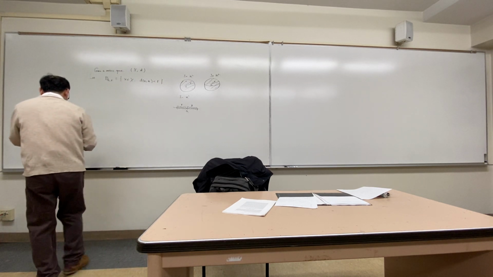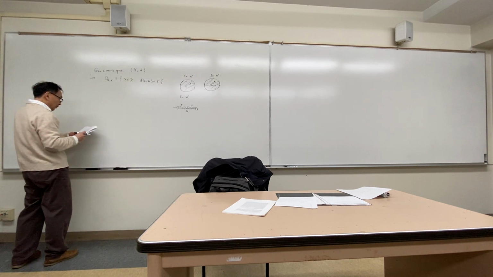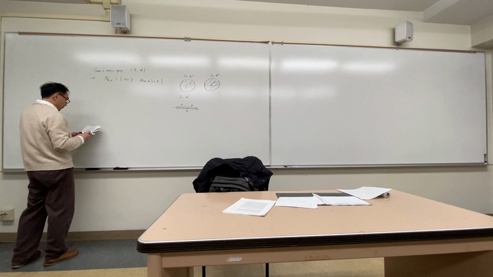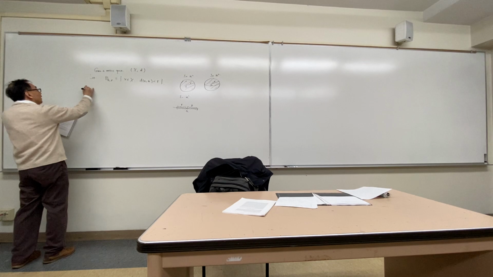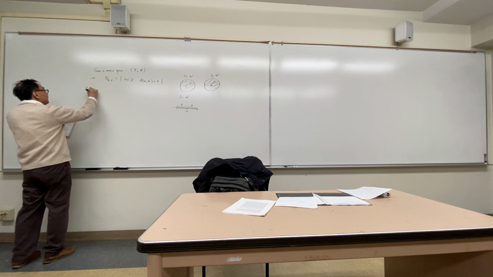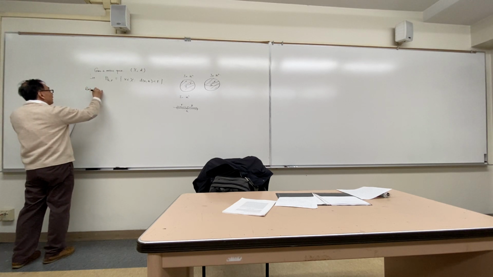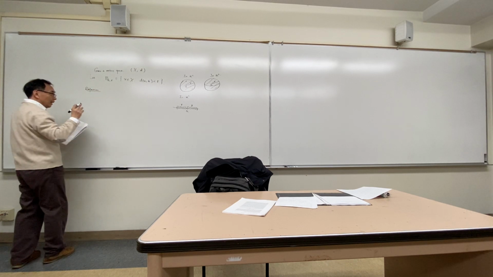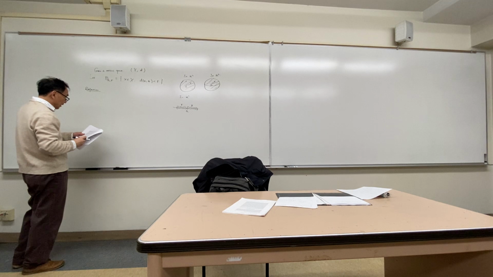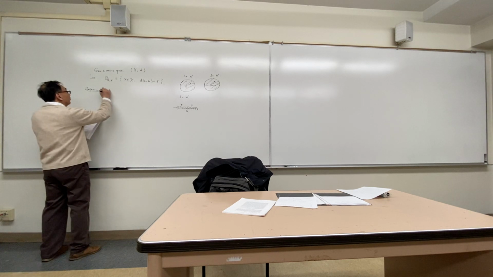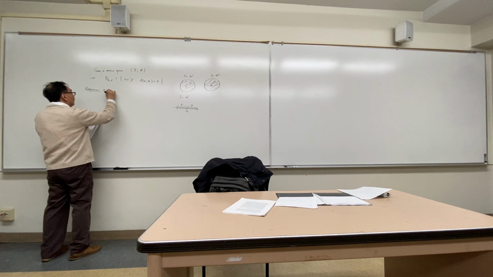And then we define the so-called natural topology. So here is the definition. We generalize all this, the concept in R^n, in Euclidean space, to the metric space. So here is Definition 5.2.4.